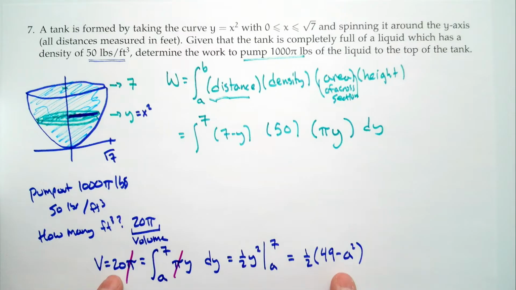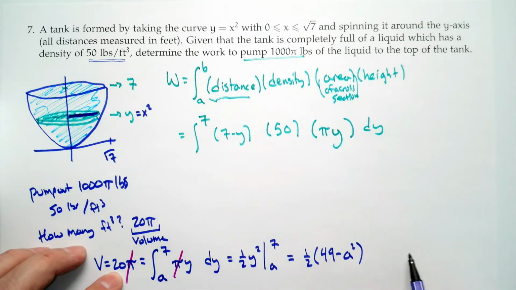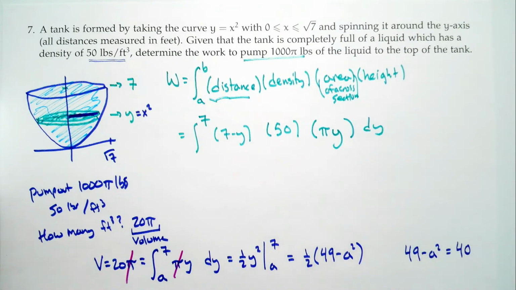We want that to equal 20. So clear off the half: we need 49 minus a squared to equal 40. So what does that tell us? Yeah, a squared is 9, or a equals 3.